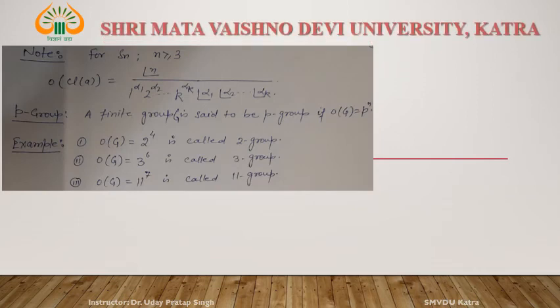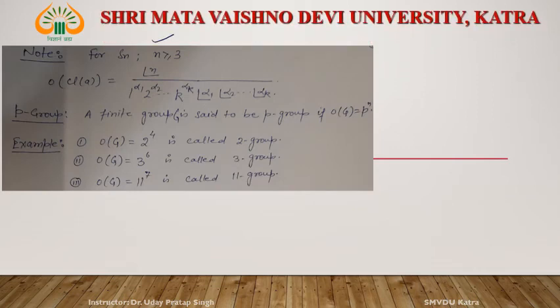Now see the general formula. For Sn, n is greater than or equal to 3, n can be partitioned in this way: 1 to the power alpha 1, 2 to the power alpha 2, plus k to the power alpha k. This means 1 we have to add alpha 1 times, 2 we have to add alpha 2 times, and k we have to add alpha k times.